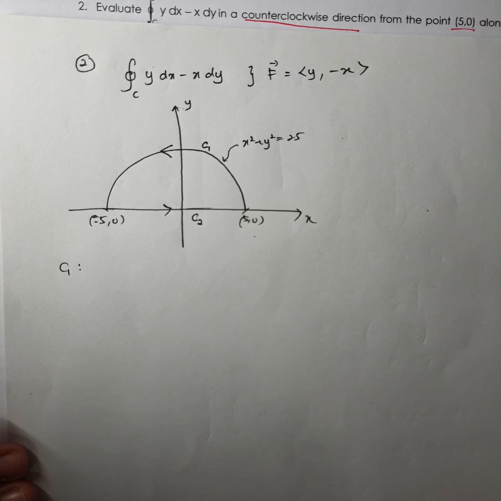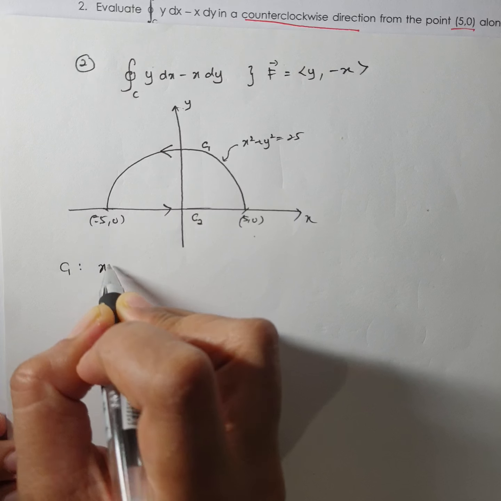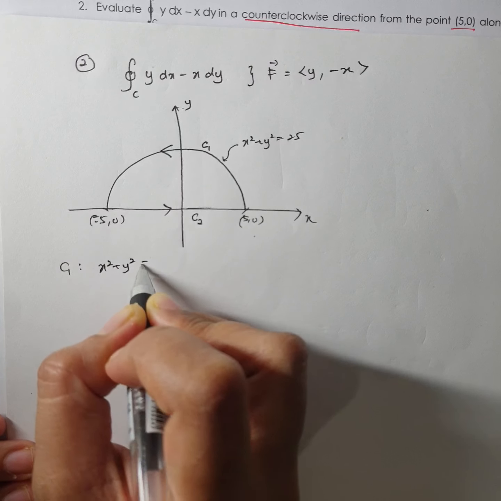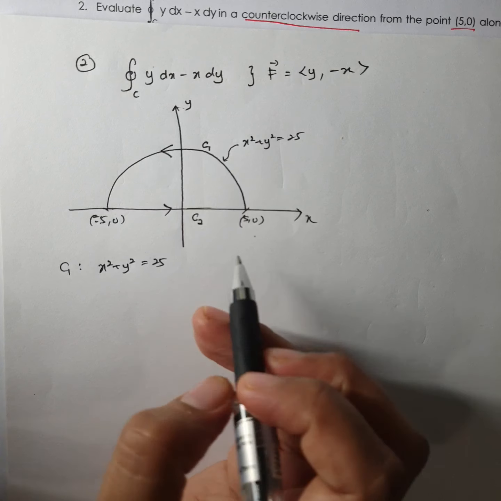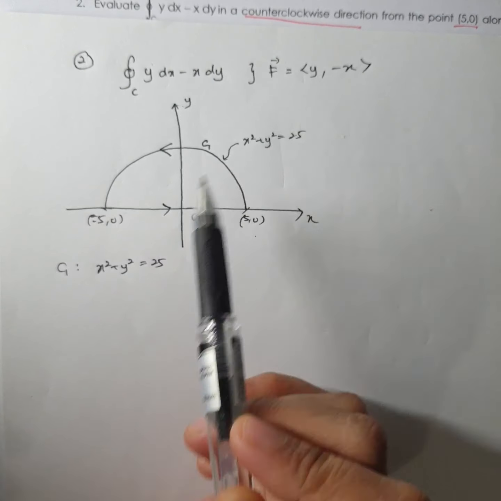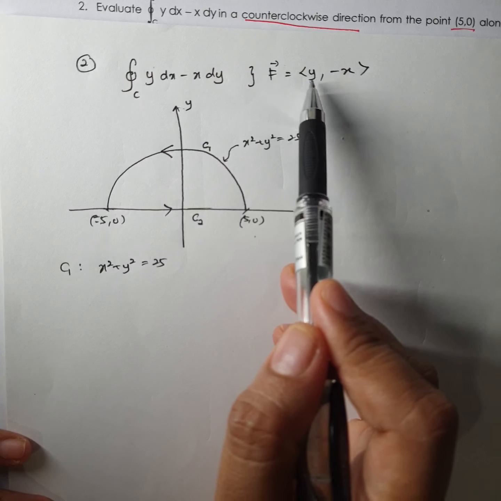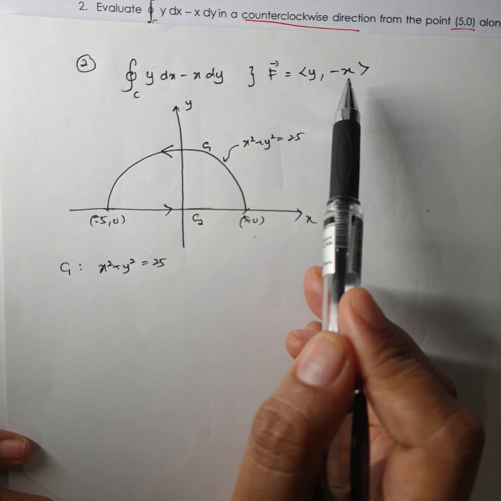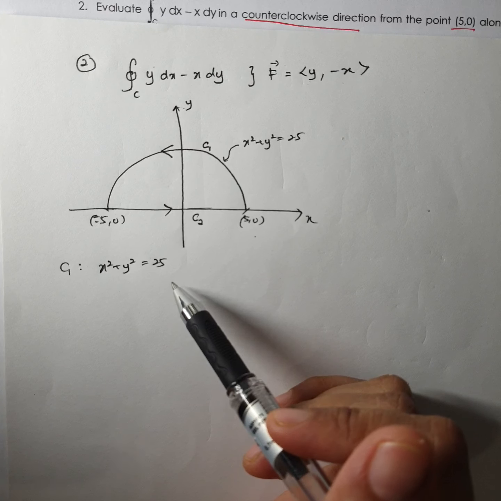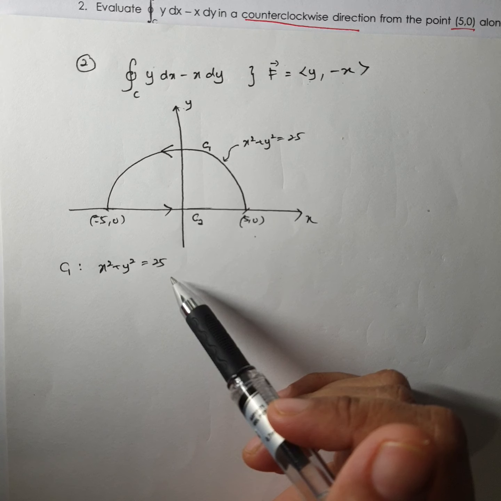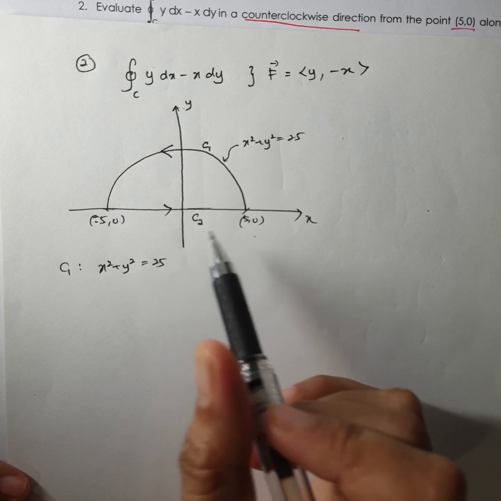Okay, so for path C1 here, the path is x square plus y square equals 25. So you know that this is a circle. So when it's a circle in two dimensions, how do you know it is two-dimensional? Because you have x with i and j only. Okay, so it's two-dimensional. So bear in mind that you will be using double integral. So you will be using polar coordinates because the base is a circle now.